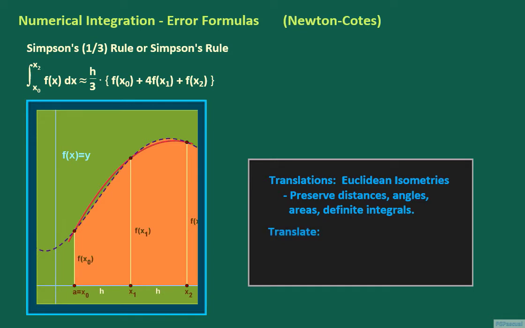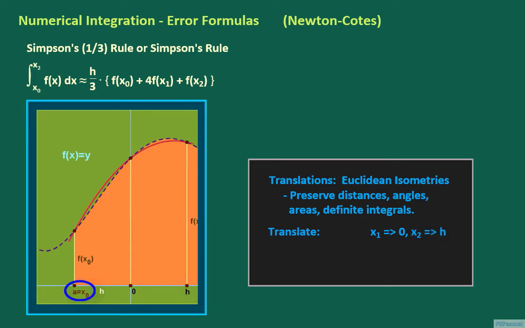For the translation, we take the point at x equals x sub 1 and translate it to x equals 0, so that now the y-axis is at x equals x sub 1. X equals x sub 2 is h units to the right of x equals x sub 1, and so x sub 2 will be translated to the point at x equals h.